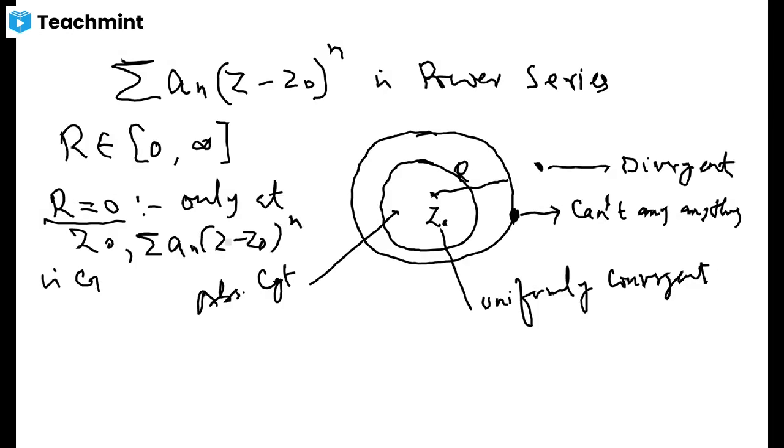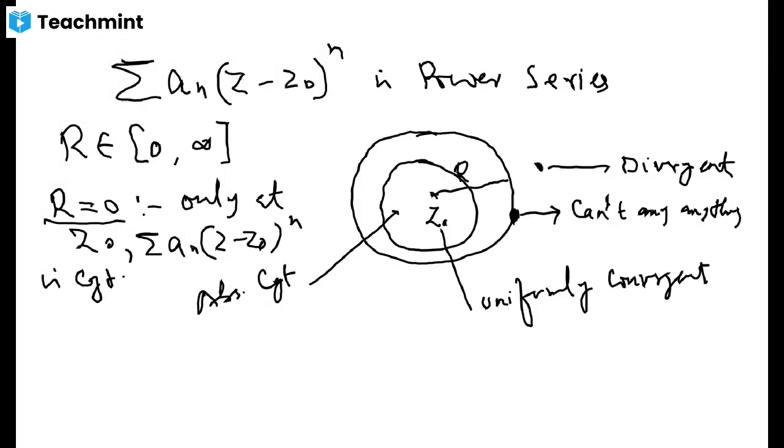So in this case, there is nothing interesting to be talked about when the radius of convergence is equal to 0, but there are power series whose radius of convergence is 0.